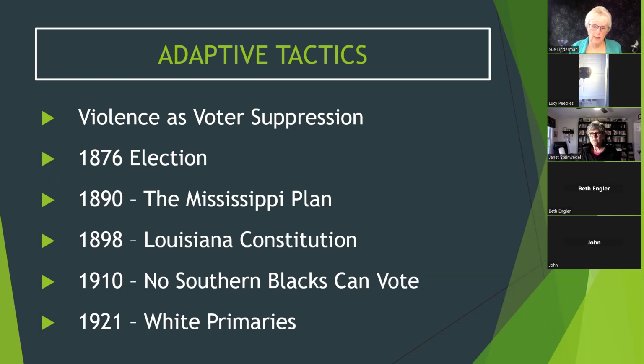The Democratic Party in many states adopted a rule that said that Black people could not be members of the Democratic Party. And then they closed the primaries to everybody but registered Democrats. Given the power of the Democratic Party in the Southern states, whoever was elected in the primary was the de facto person elected once election day occurred.